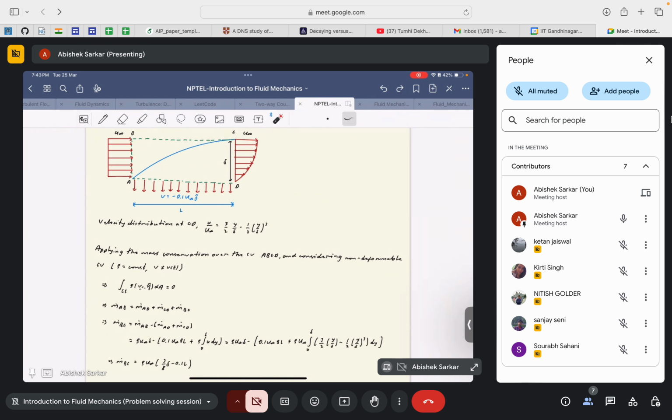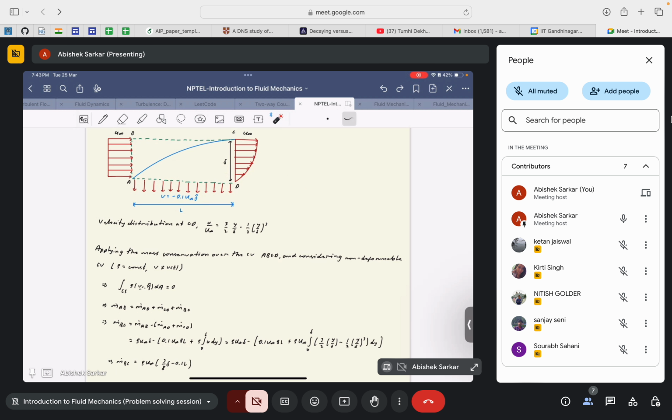So it will be rho times u infinity into delta, minus m dot AD, which would be again 0.1 u infinity rho times L, because the area would be L times 1, so rho times L times 0.1 u infinity, plus the mass flow rate from the surface CD, that will be rho times the integration from 0 to delta of u dy.